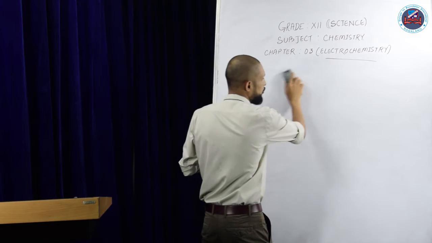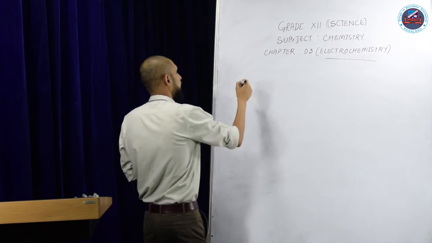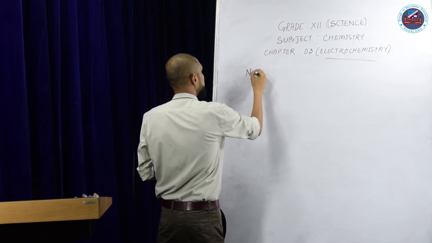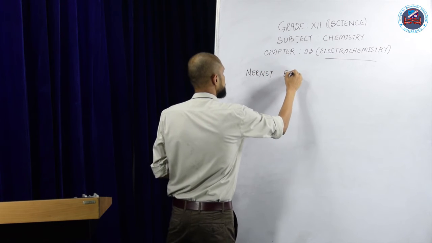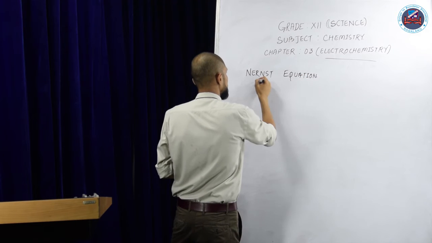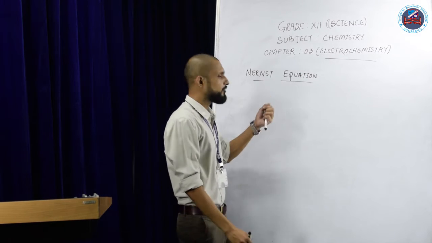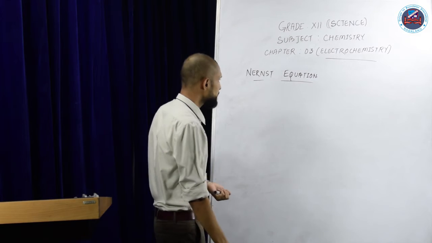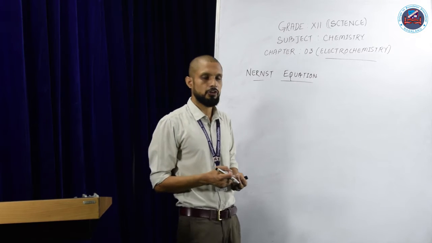The next topic is the most important topic in this chapter, electrochemistry, and it is the Nernst equation. We mostly get numerical based questions from this topic. But first let us see how to write the Nernst equation.